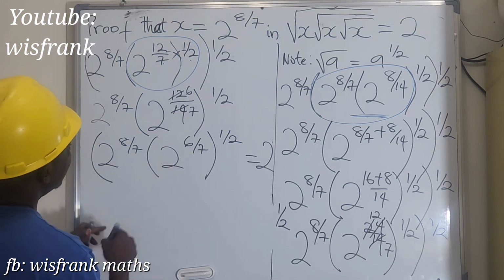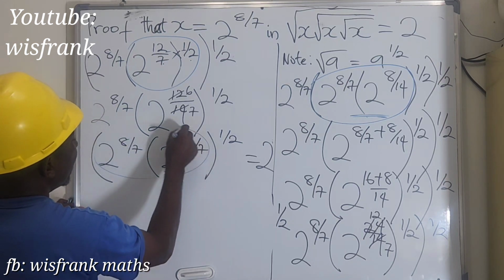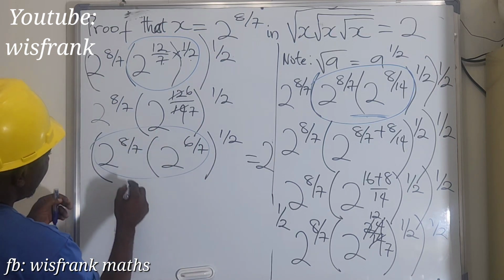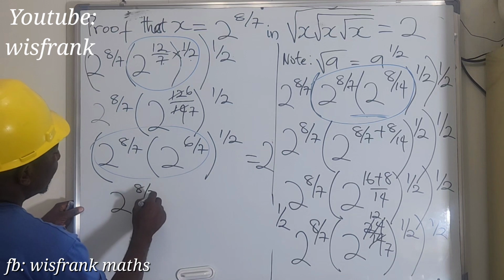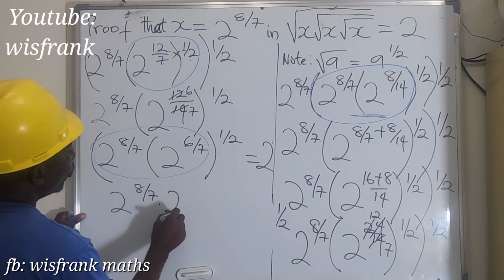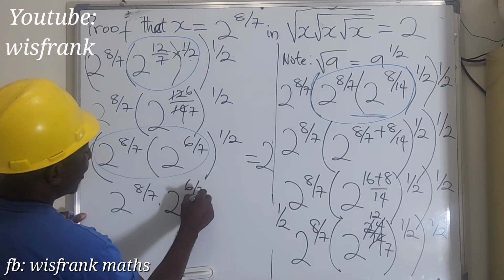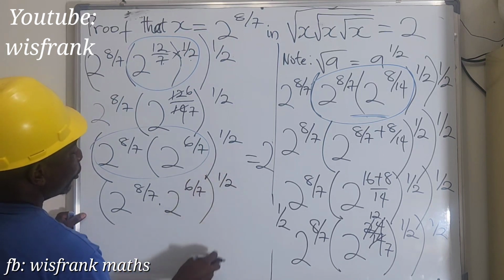So inside the parentheses we have here, for us to evaluate this, it will become 2 raised to the power of 8 all over 7 times 2 raised to the power of 6 all over 7, all raised to the power of 2.